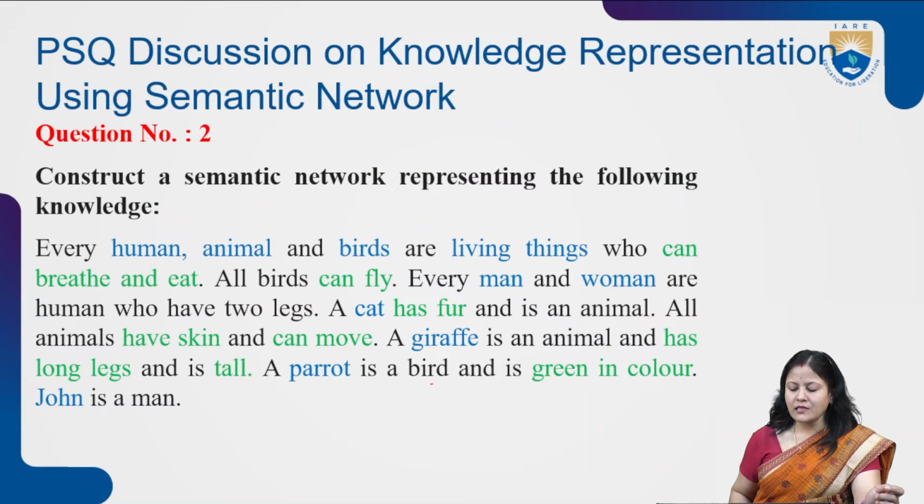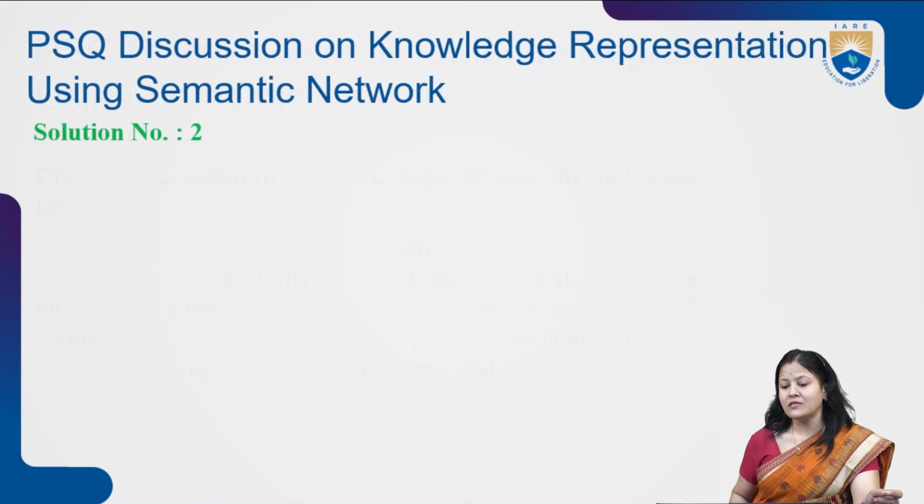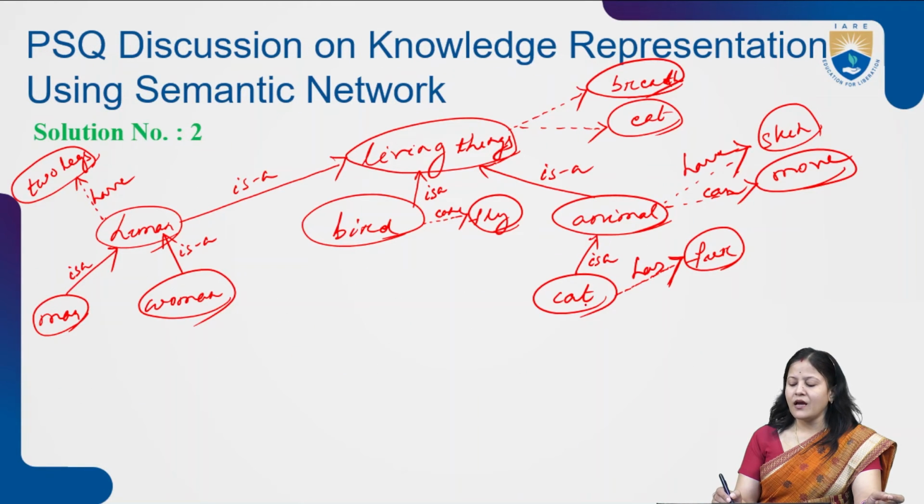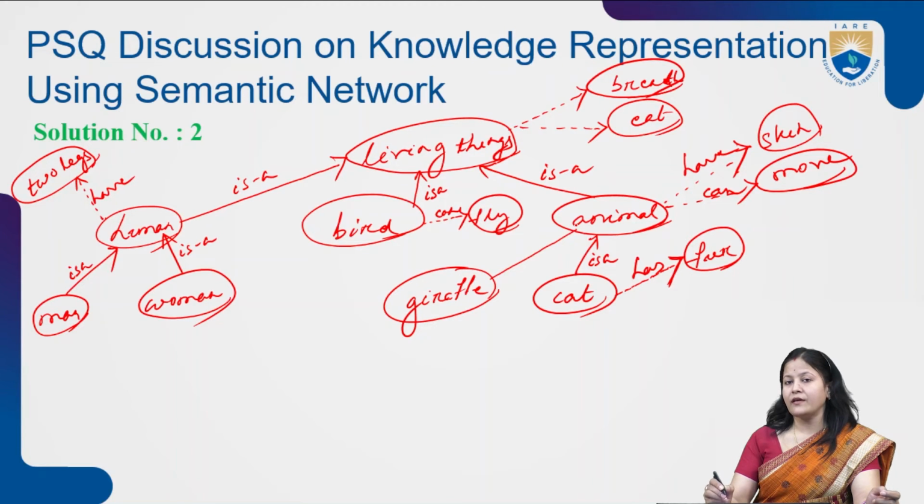Now next one is: a giraffe is an animal and has long legs and is tall. Long legs and tall are properties. But giraffe is an animal: giraffe is a class, animal is a class. From animal, I have already created cat as a class, so one more class we can create, giraffe. We can establish the relation between giraffe and animal: a giraffe is an animal.